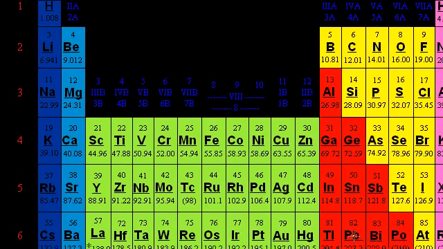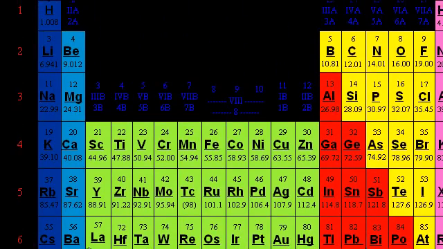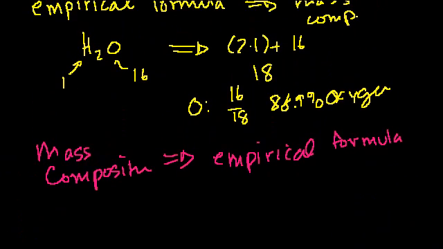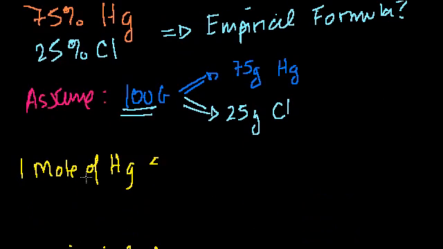Mercury is a transition metal. It's one of the few metals that are liquid at room temperature. Right there, we have mercury. It has a mass number of 200. Obviously, there's some mercury out there that has a mass of 201, but for simplicity, let's say it's 200. So 1 mole of mercury is 200 grams.